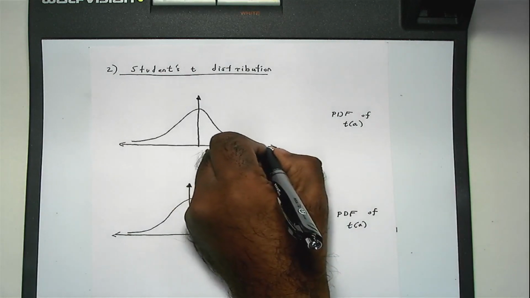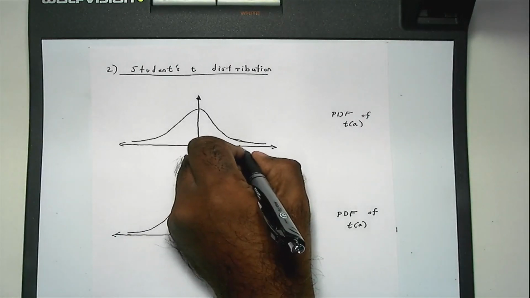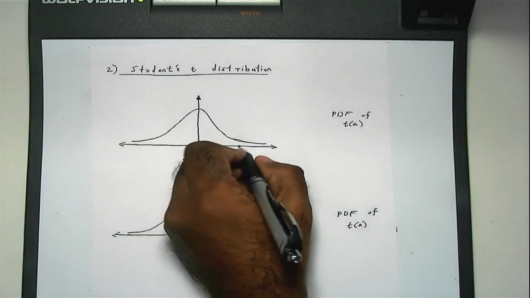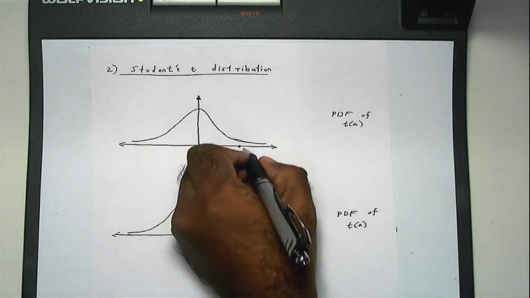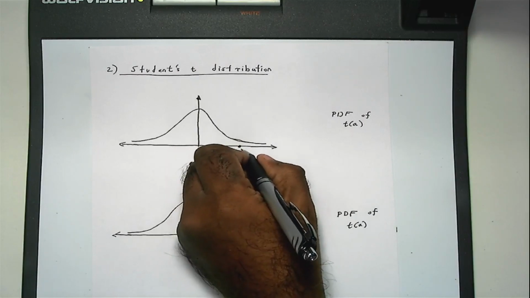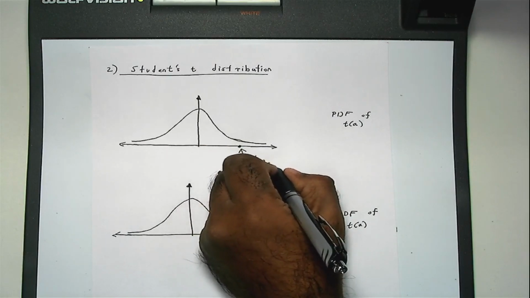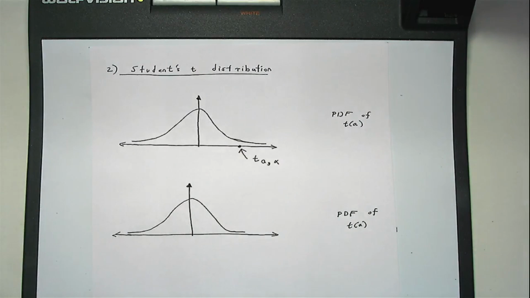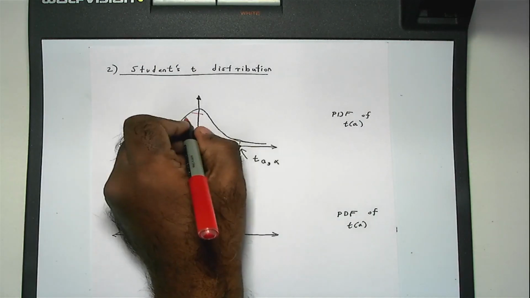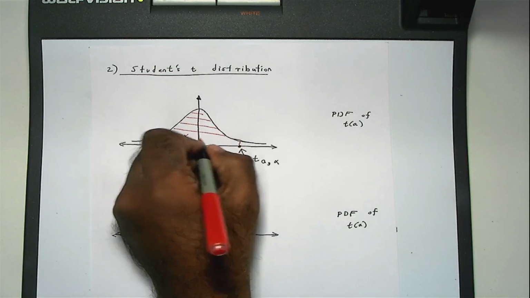Okay. Now, in the same fashion, like in the previous case for the normal distribution, we draw a point along the horizontal axis and call this t_{a, alpha}, a is the degree of freedom, alpha, if the area to the left of this point, that is this area here, is equal to alpha, right?